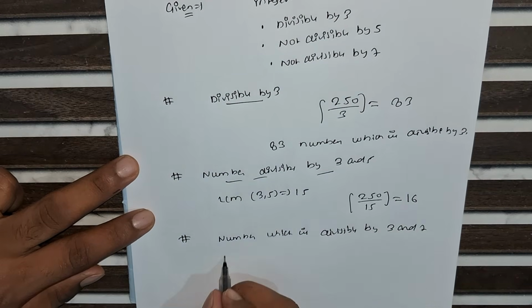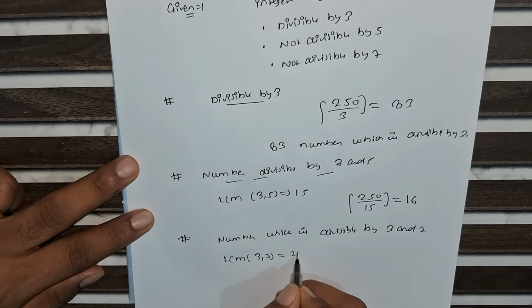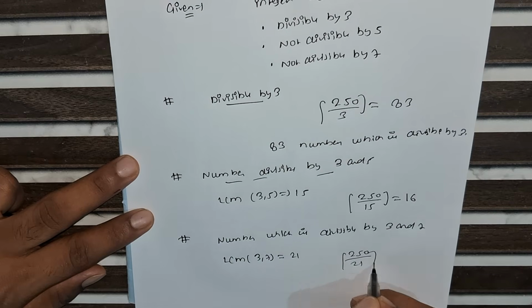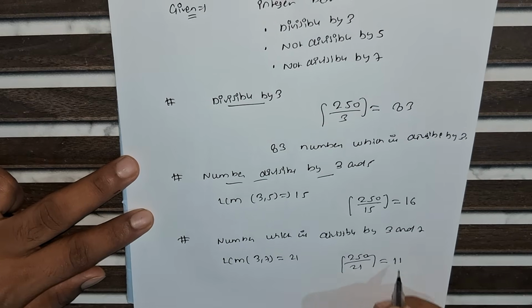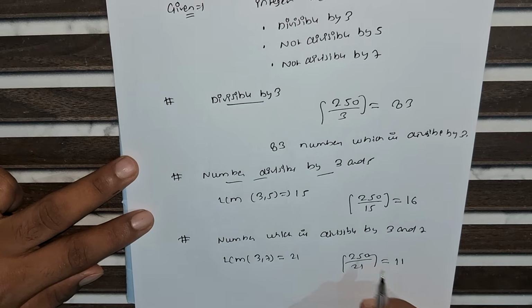Again we are taking the LCM of 3 and 7, which is equal to 21. So now 250 divided by 21. When you solve, you will get 11. So this is the number which is divisible by 3 and 7 between 1 to 250.